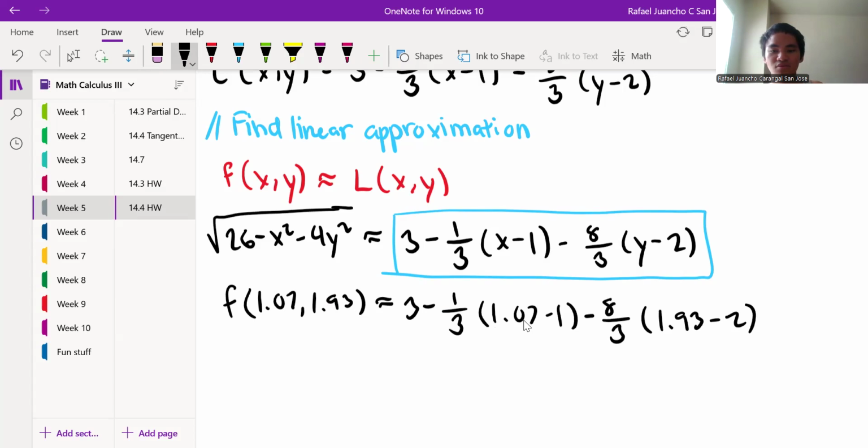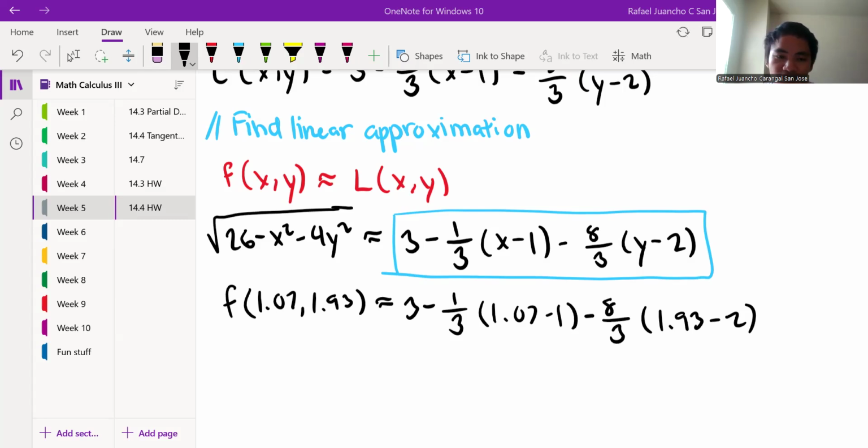Okay. And that should be, not super sure. Okay, let me just plug in the first one. I have to enter a number. Dang, that sucks. So I'm going to use a calculator for that. So 3 minus 1/3 times x minus 1, and then minus 1/3 times y minus 2.